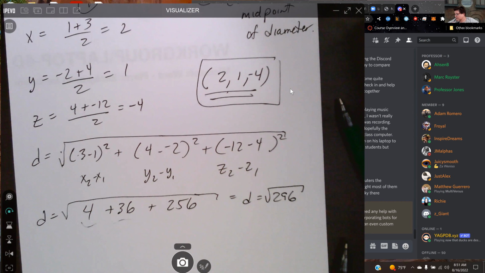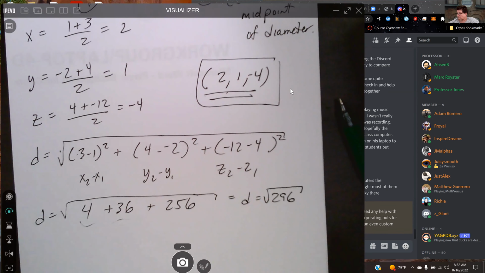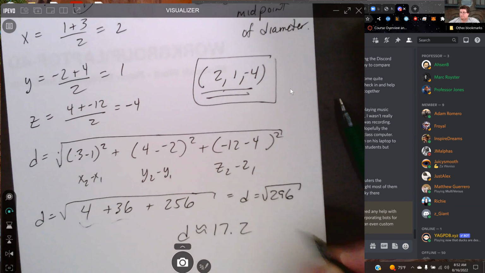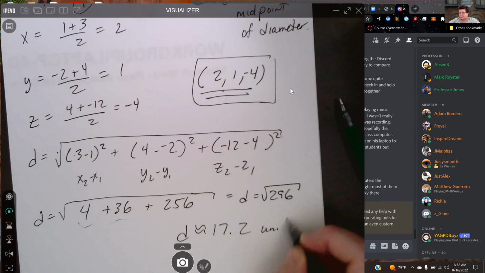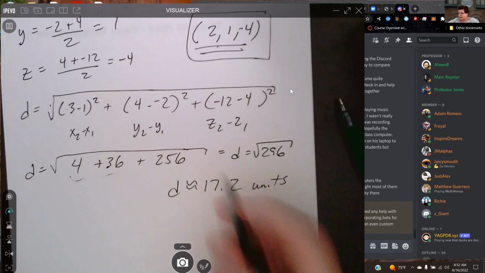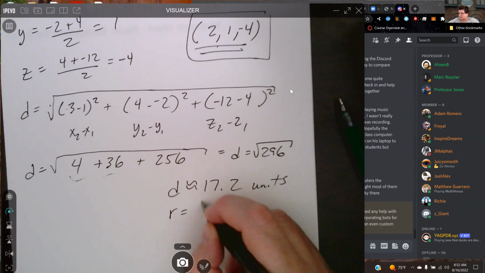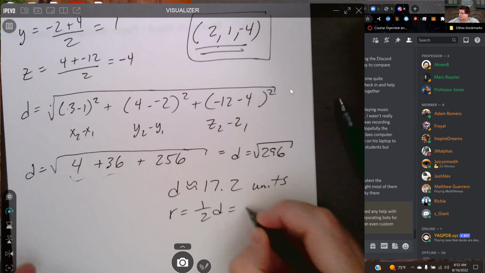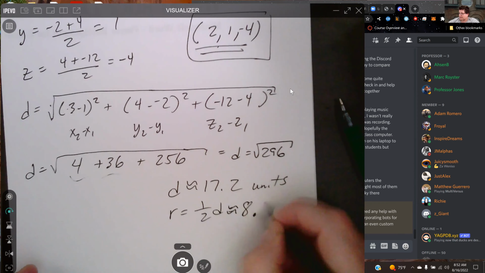It sounds familiar. Let's see, 16 was 250. So if it's anything, it's 7. Now 17 would end with a 9. Let's see, square root of 296 is approximately 17.2 units, whatever the units said. So the radius would be half that, approximately 8.6 units.